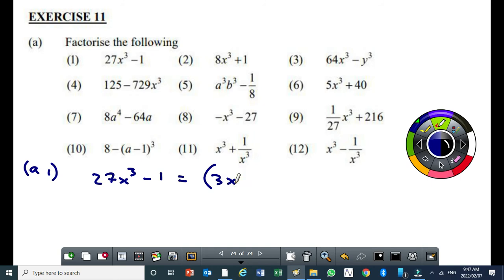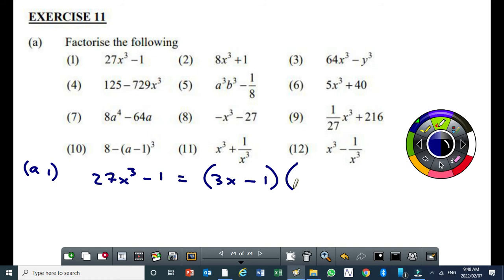There's a minus here, so I'll put a minus. Cube root of 1 is 1. Okay? I hope you saw what I did there. I found the cube root of the first term is 3x. The cube root of the second term is going to be a 1. Okay? Then, the first term of the trinomial factor will be equal to the first term of the binomial squared.